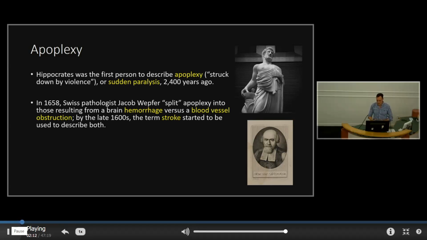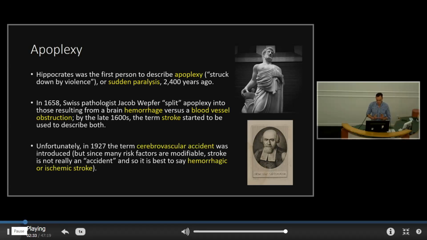By the late 1600s, I think 1689 was the first year, it was actually written down: the term stroke started to be used to describe these disorders. I should say the word apoplexy probably was also used to refer to many things that were not either of these kinds of strokes, because it was such a vague definition. So that's good to know.